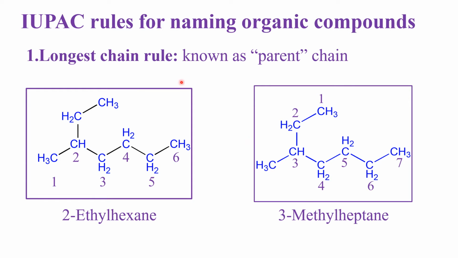As the name suggests, longest possible chain: here it was identified as 7 whereas there it was identified as 6, so obviously that one has fewer carbons, that's why it is wrong, whereas this is the longest possible chain and that's why it is correct. Likewise, let us see a few more rules.